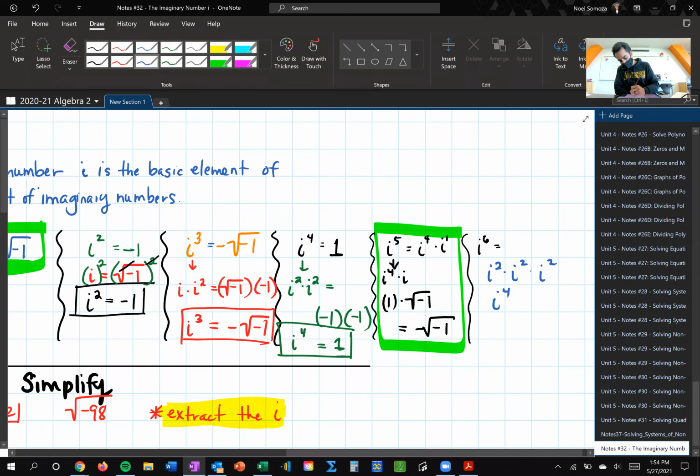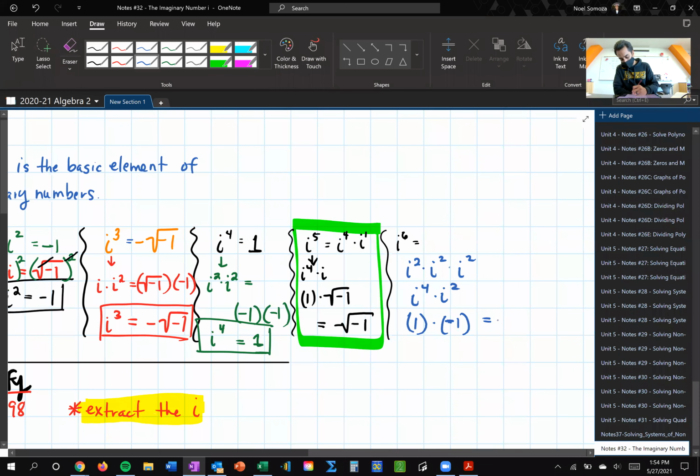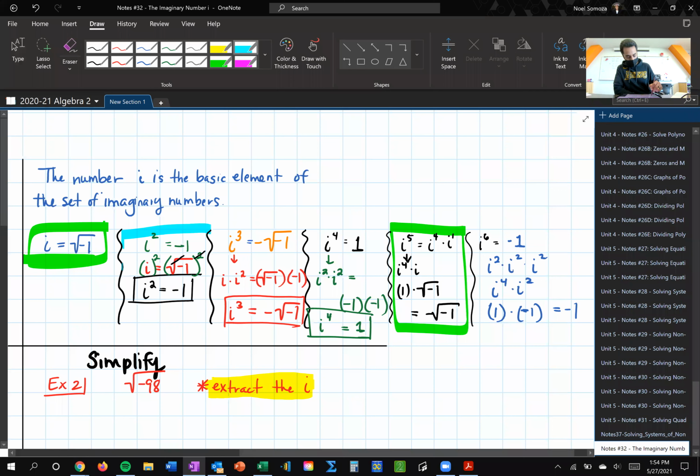Or it could be I to the fourth times I squared, right? Because the powers add up to 6. So let's say it's I to the fourth. Well, I to the fourth is just 1. I squared is -1. So 1 times -1 is just -1. So you see it cycles back. I to the sixth is -1. So these two are the same.